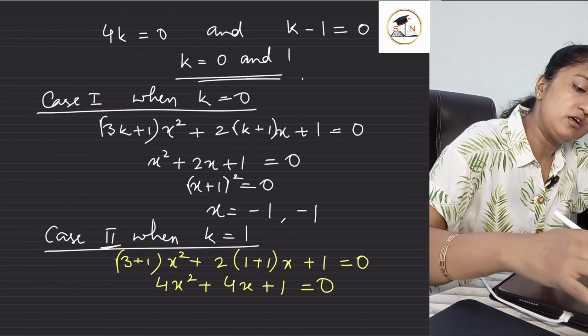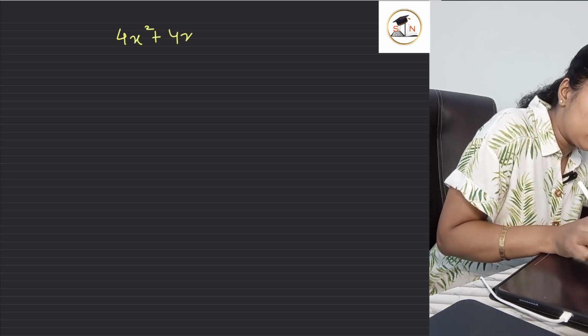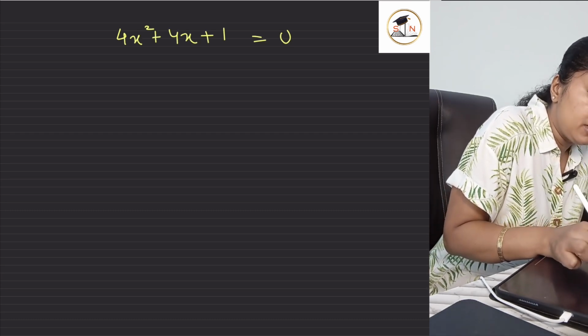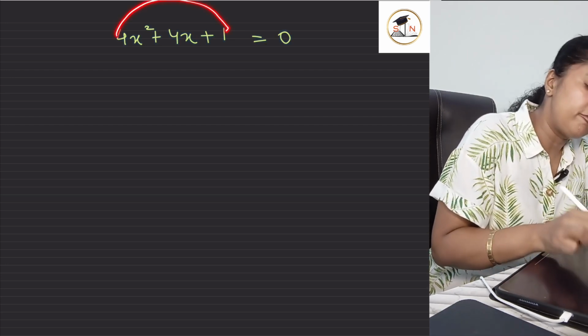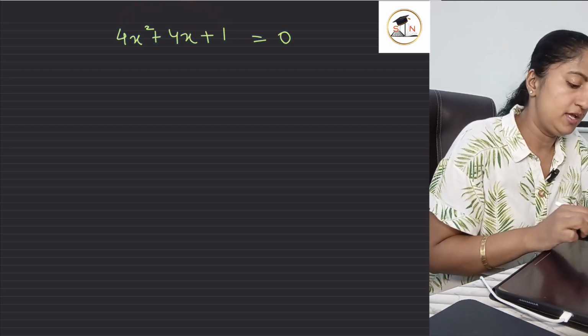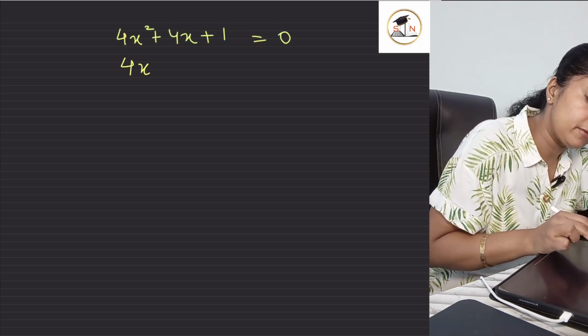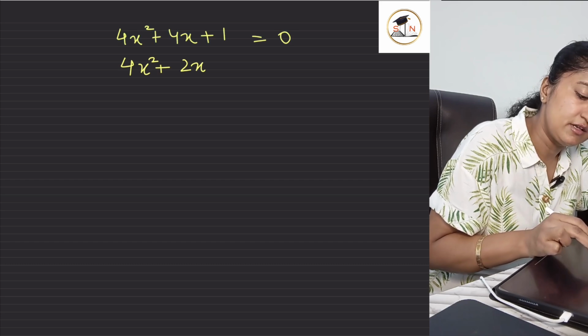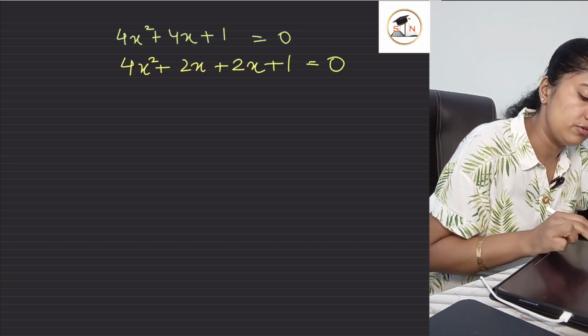Now, solving it further, we had 4x square. I'm writing the equation just for your reference over here. In order to split, we are going to multiply 4 and 1, giving us 4, and the factors become 2 and 2. So, 4x square plus 2x plus 2x plus 1 equals 0.